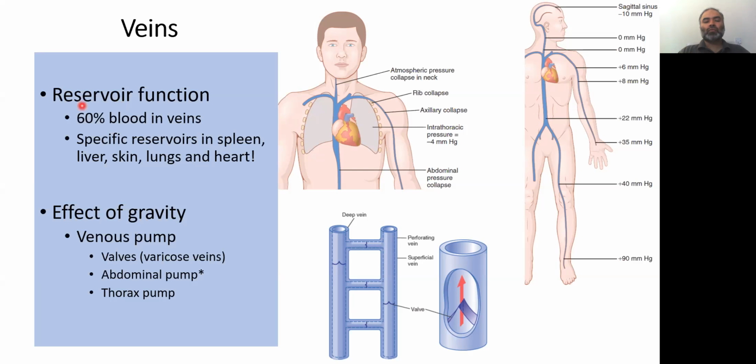And this reservoir function is due to the structure of the veins. If you remember, they are compliant, large diameter vessels. So 60% of the blood is in the veins. It can be called upon whenever the body wants it. So for example, in any stressful situation, when the sympathetic nervous system is activated, what happens?